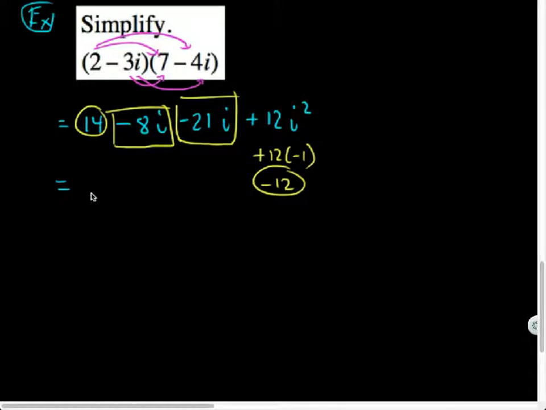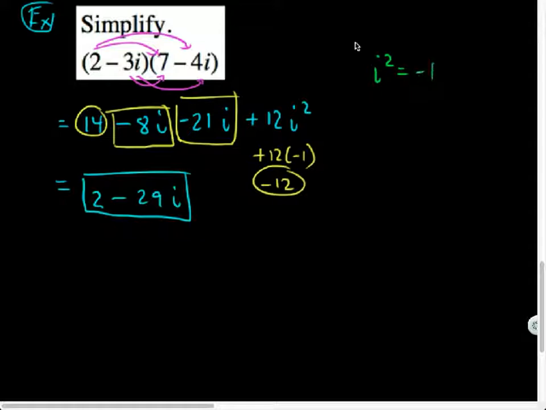So 14 and negative 12 combine to be 2, and this is going to combine to be negative 29i. Right, so I do have to just use the fact that i squared equals negative 1. So yeah, these first 4 facts that I gave you are good facts to know, prerequisite knowledge to do some of these.